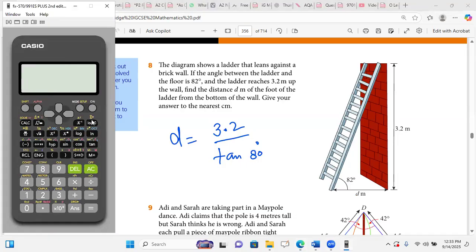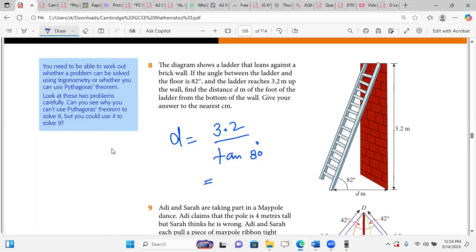Then it will be 3.3, let's suppose, 3.2 divided by tan 80 degrees, then it will equal 0.56 meters. If your 82 angle is in front of this, I will say the angle above is 8 degrees. So with 8 degrees and the opposite side, the ladder is 0.56 meters away from the wall.